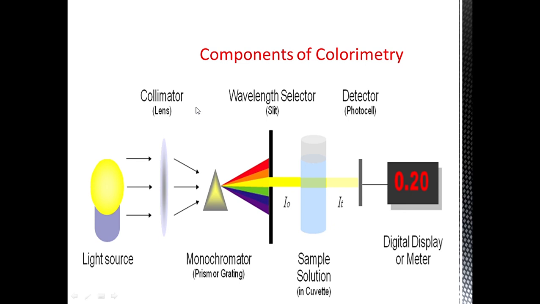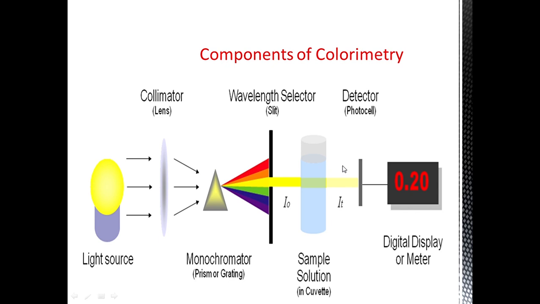For example, if a green filter is used, then it absorbs all colors except green light, which is allowed to pass through. So only green light is passed. In this case, a yellow filter is there, so only yellow light is allowed to pass through this solution.